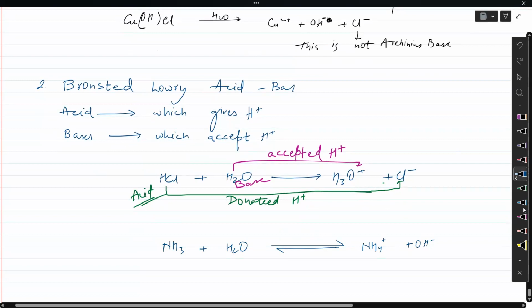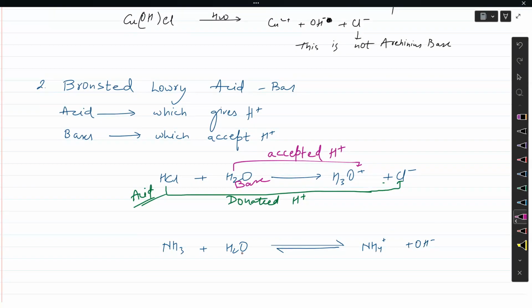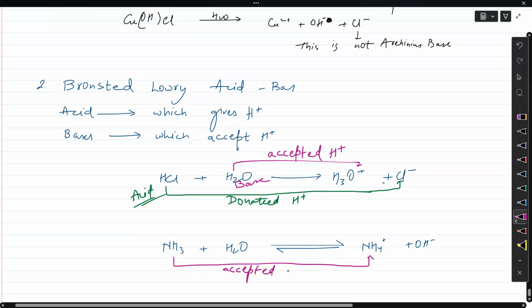NH3 is becoming NH4 plus, so it has accepted H plus.